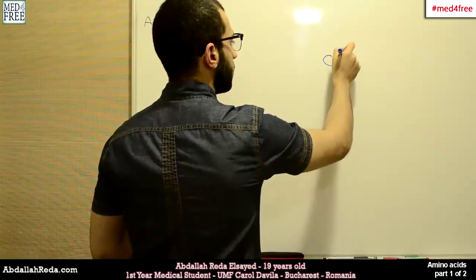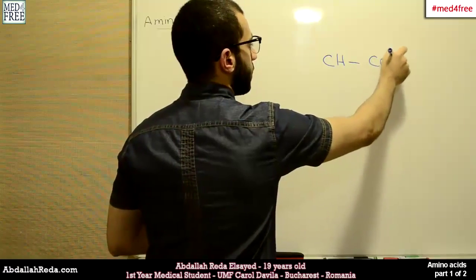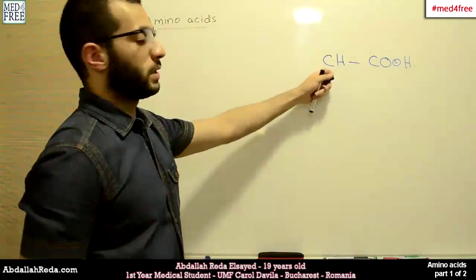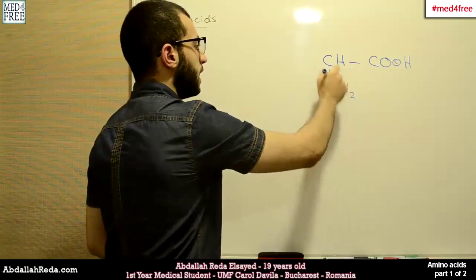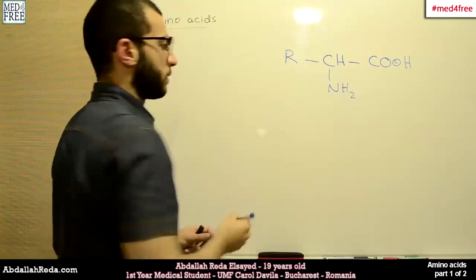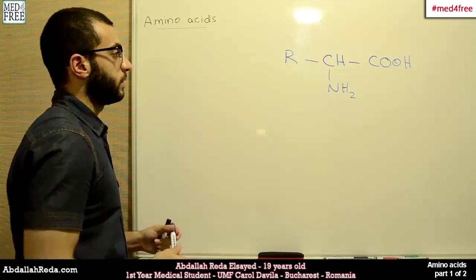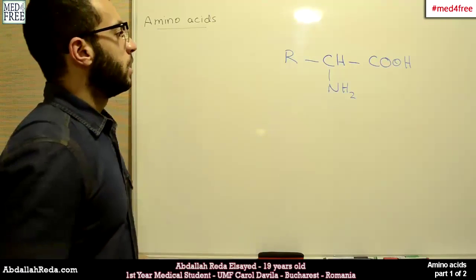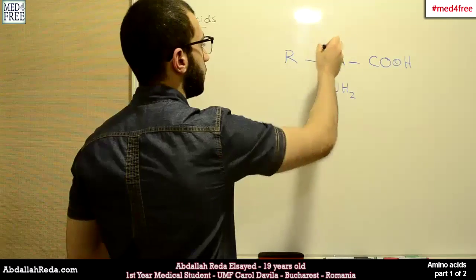We have our carbon with an H attached to it, a carboxylic group attached to this carbon, an amino group attached to the same carbon, and an R. R stands for radical, an alkyl radical. It means that we have more carbons attached to this carbon. This carbon is called the alpha carbon.